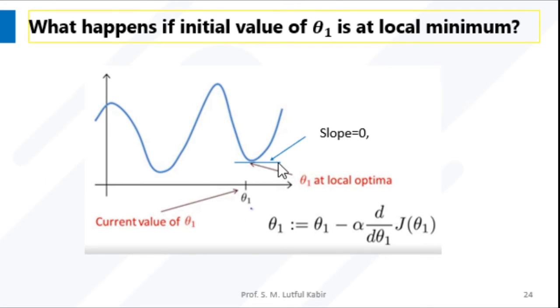I will find the slope is 0 because the tangent will be horizontal. And if we put that value of slope into the derivative, the subtracting term will be 0. So theta1 will remain as theta1. It means theta1 will not be updated.